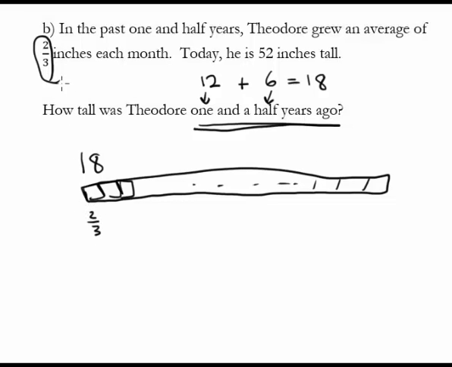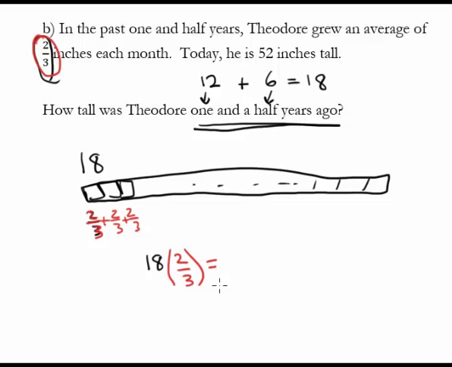Every month he does 2/3. The second month he does another 2/3. The third month he does another 2/3. And we want to say, how much did he grow in that 1.5 years? Well, we could add it up 18 times, or we could just use multiplication, right? 18 times 2/3. That's really what this question is asking.